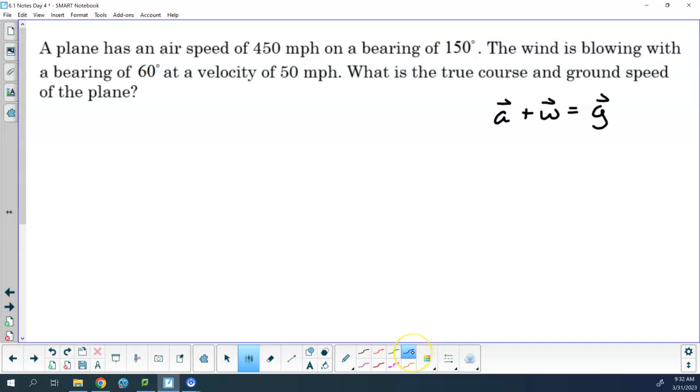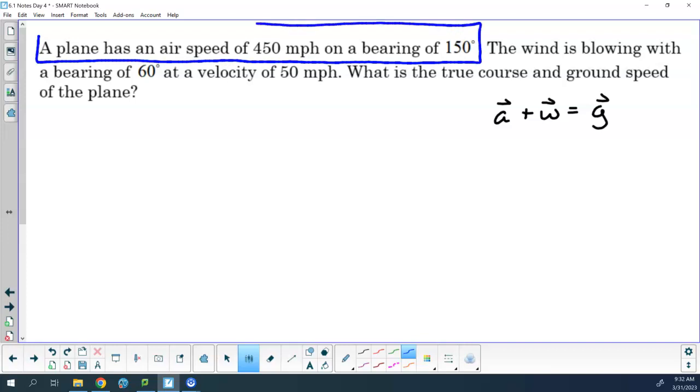Our vessel is a plane. It has an airspeed of 450 and a bearing of 150 degrees. Okay? So this 450 is a speed, correct?